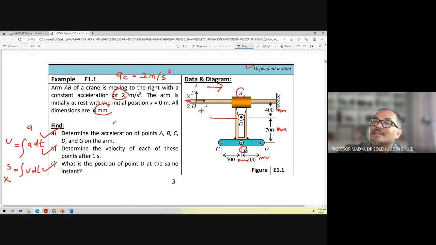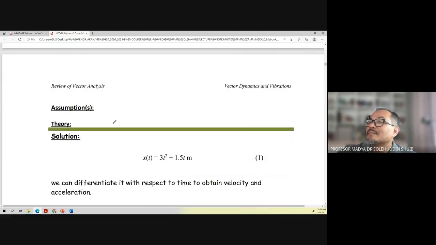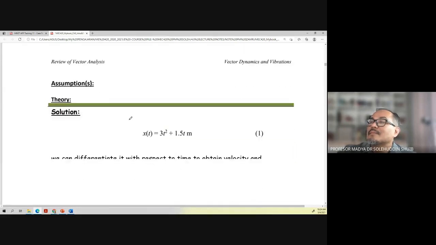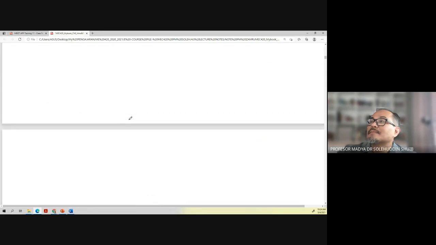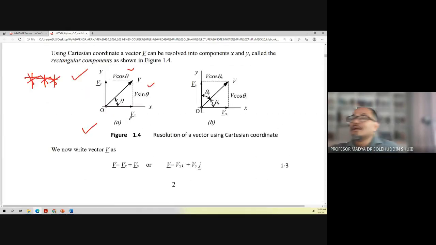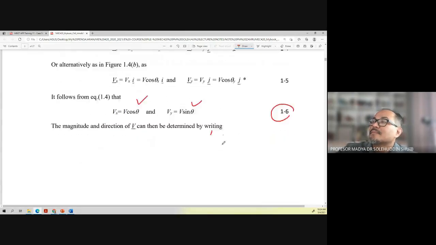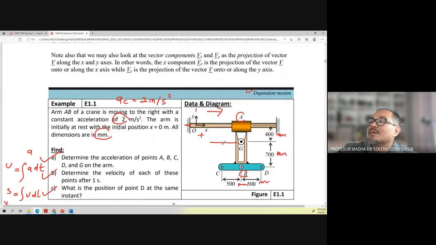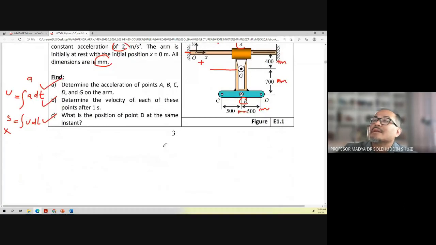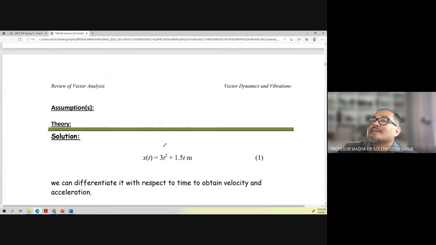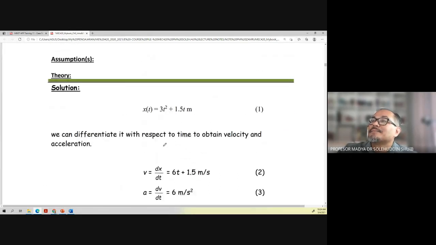Okay. This is example 1.1. This is another example.